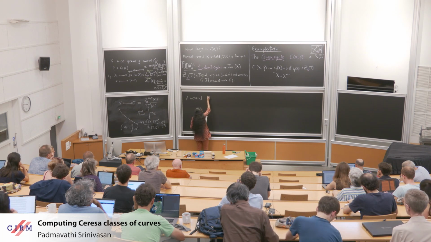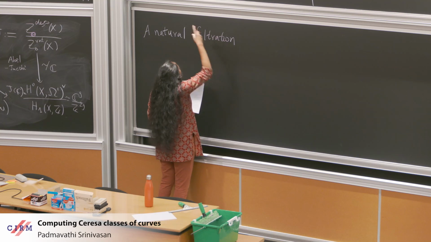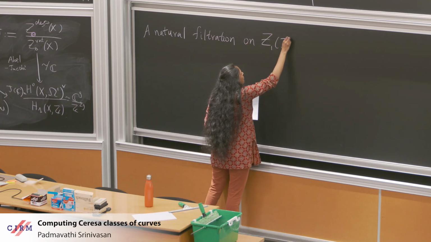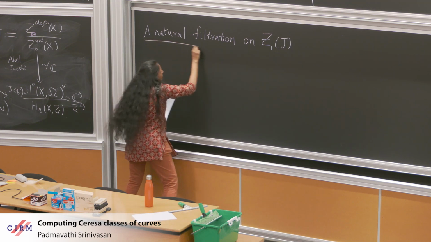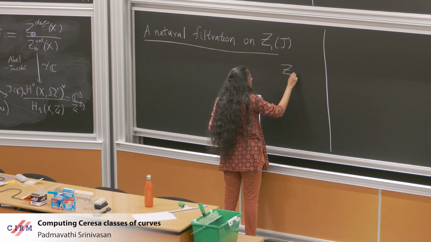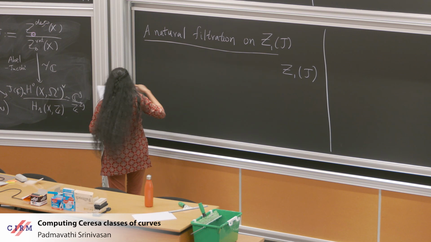So here's a natural filtration on this group, a natural sequence of subgroups on the group of one-dimensional cycles. So you have Z1 of J. You can first ask, what's the analog of the degree 0 divisors, right?